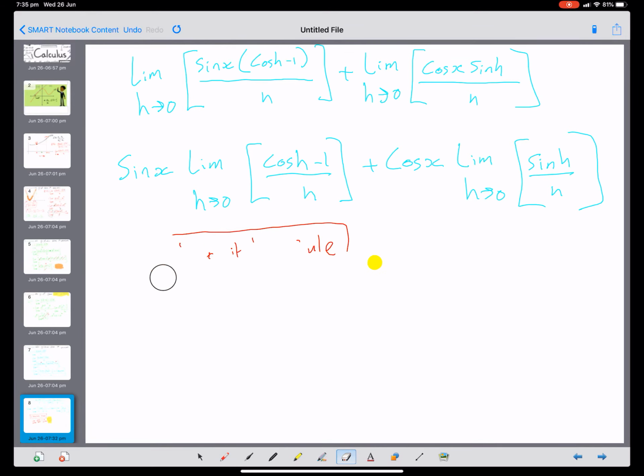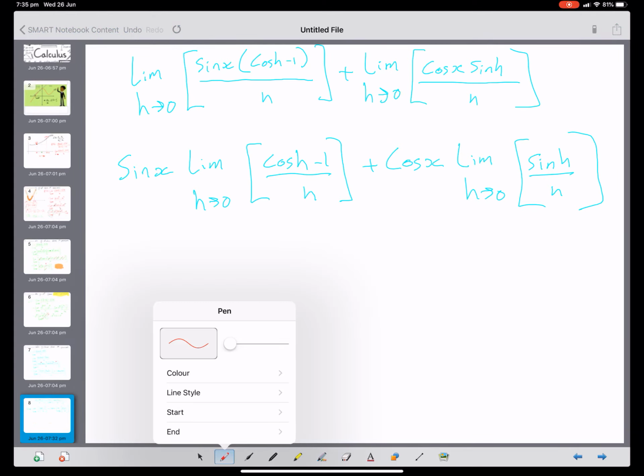Okay, so using L'Hopital's rule on each of these, I'm going to show the result. Limit h to 0, and I'm going to differentiate top and bottom with respect to h. The derivative of cos is minus sine, so we get minus sine h.